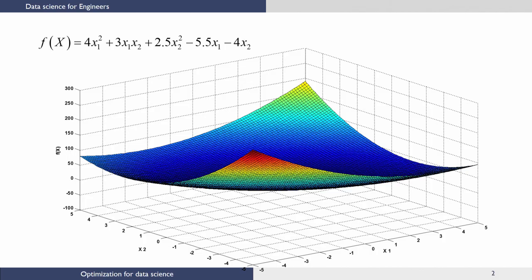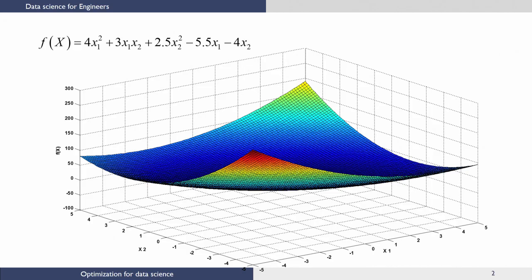As I mentioned before, if it was a univariate optimization, then you could visualize the picture in two dimensions with the y axis being the objective function value and the x axis being the decision variable. Now, since we have a function with two variables x1 and x2, we visualize this in three dimensions.